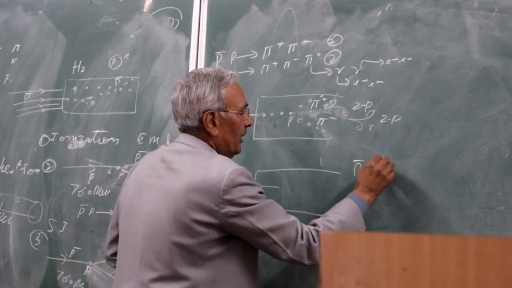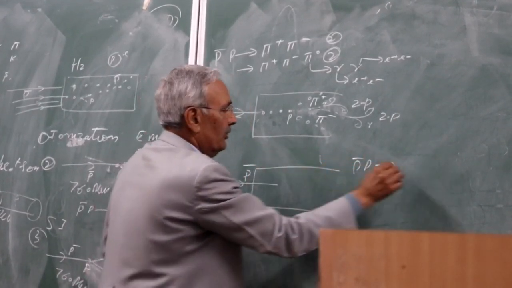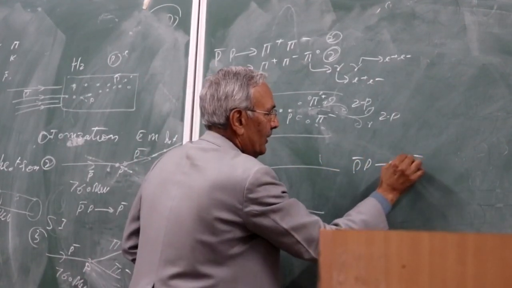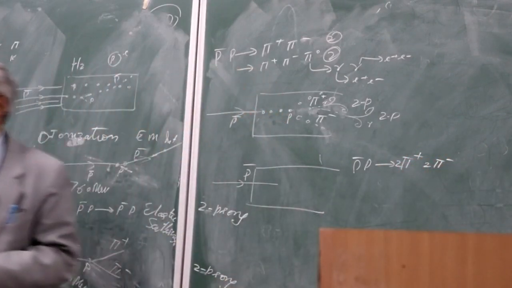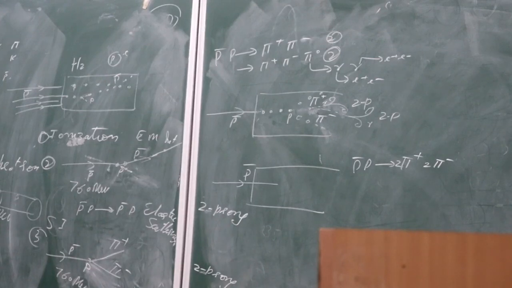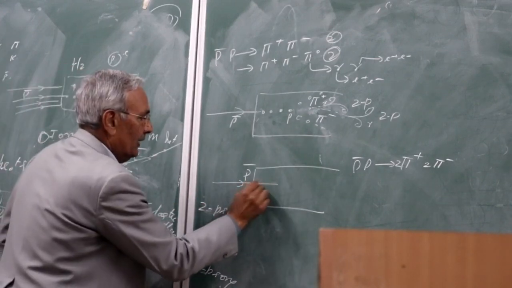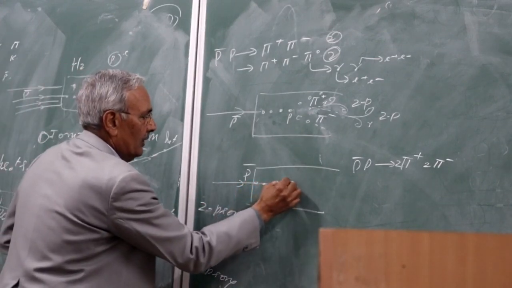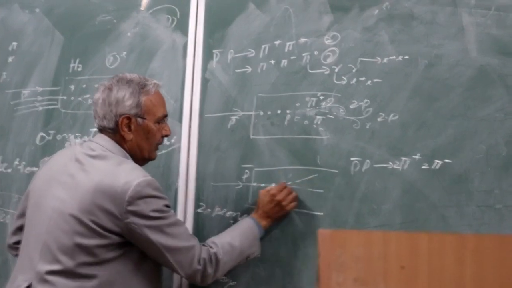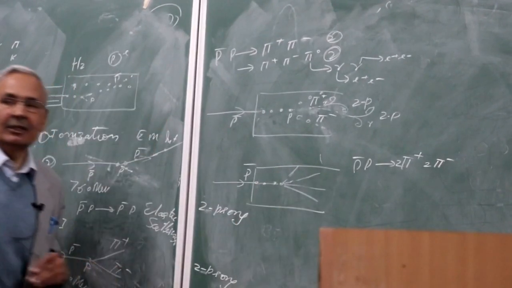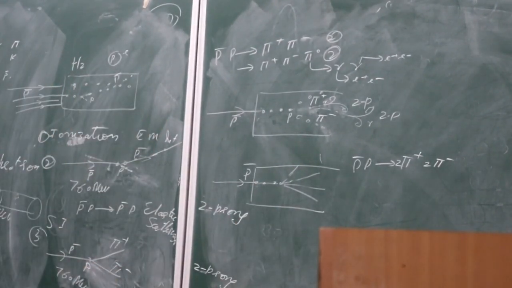proton, antiproton, proton, giving rise to 2 pi plus and 2 pi minus. Okay, so here it will look like bubbles, and then you will see one track in this direction, and this is your 4 prong, and you are considering only charge 1.